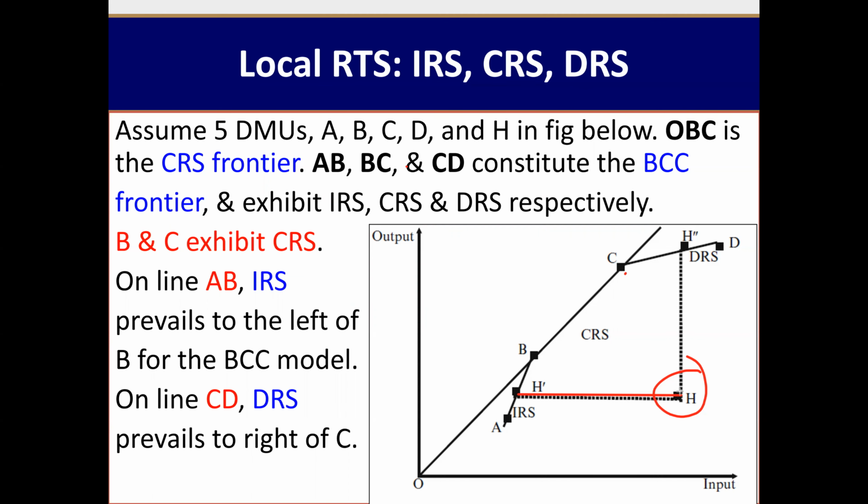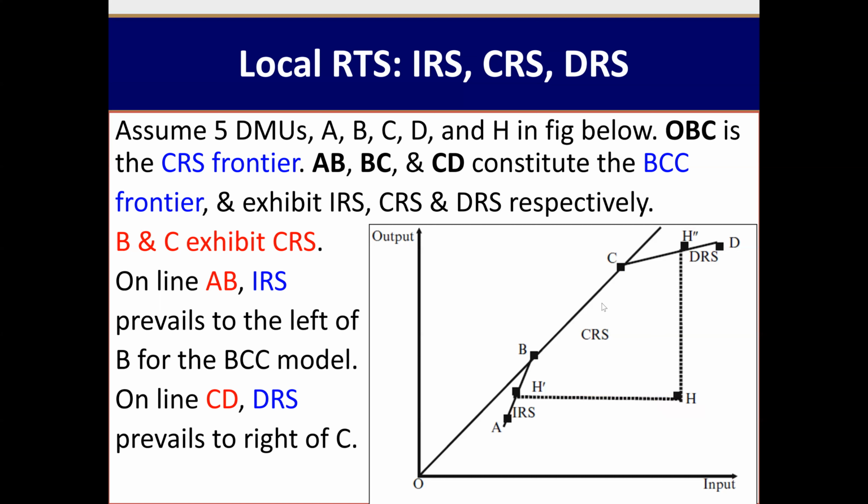But if you are dealing with an output orientation, it will go up there and hit the output oriented graph at this section, which is exhibiting what? Decreasing returns. So the orientation will determine where H in this particular case is going to be. So the orientation can tell clearly the return.